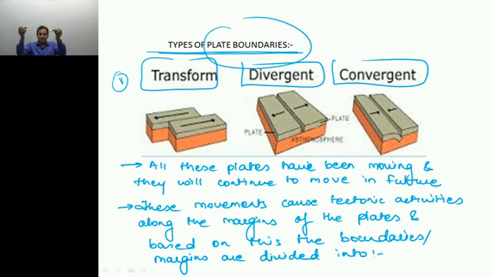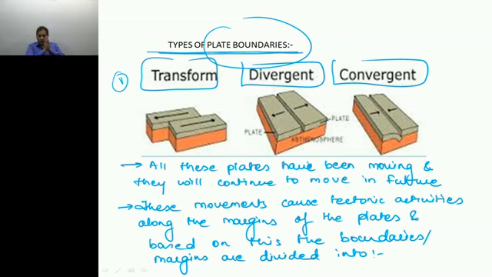And in the convergent plate boundary, they come together, and because one plate is generally denser than the other plate, the denser plate goes below the lighter plate. In this way, we have different plate boundaries and different kinds of geomorphic land evolution, different kinds of relief features on the surface of the earth.